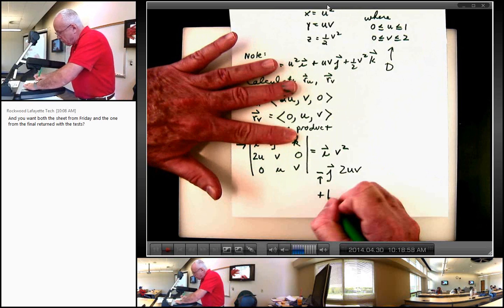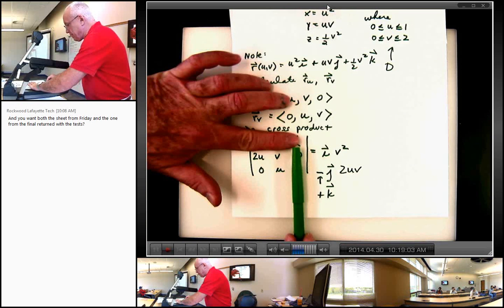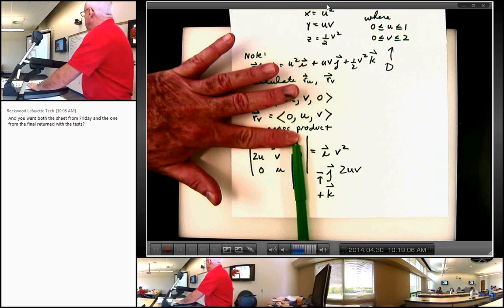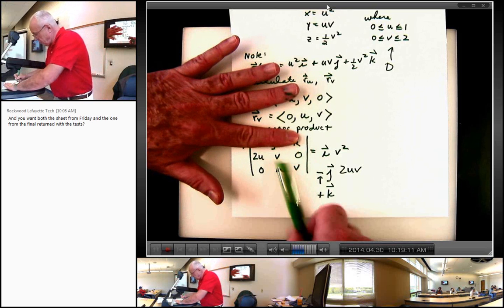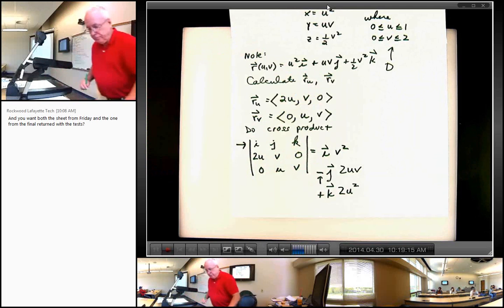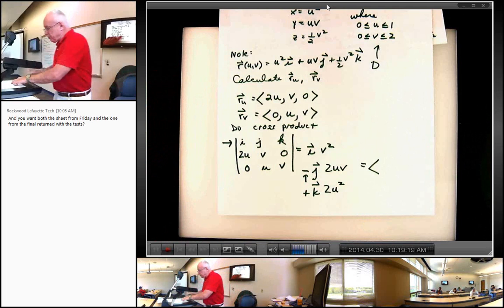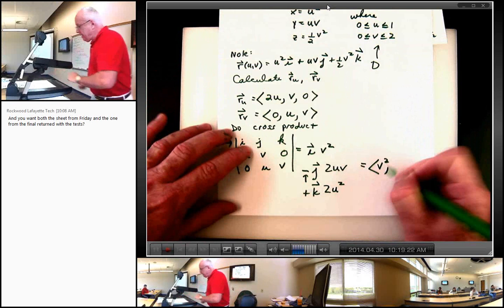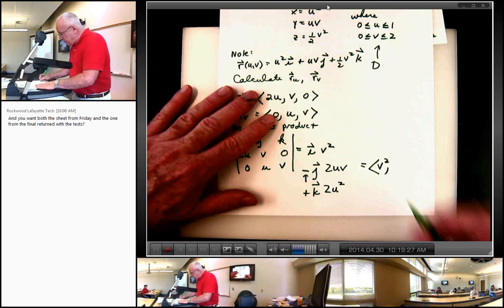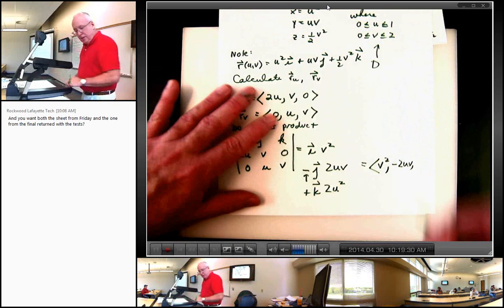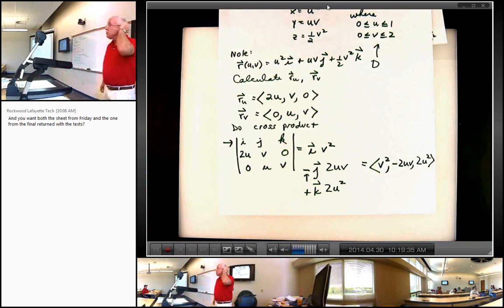Then we go to the last component, k, and cross out the first row and the third column, and get the determinant, and that looks like 2u squared. So another, shorter way I can write this: my first component is v squared. Be careful with the second component. Don't forget the minus sign that's in front, so that's going to be minus 2uv. And my third component is 2u squared. All right, so that's the cross product.